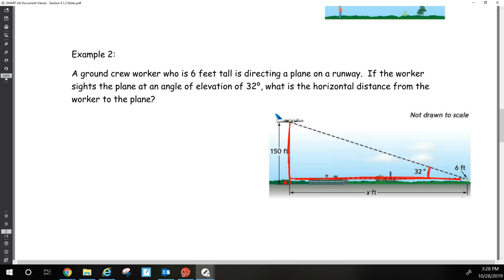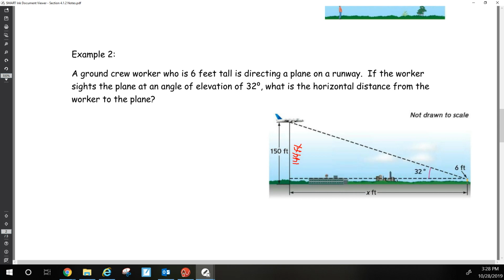For my triangle, this side is not going to be 150, because our triangle doesn't go all the way down to the ground. It goes down to this line of sight. So if we subtract off the 6 feet tall that he is, that piece of the triangle is 144.